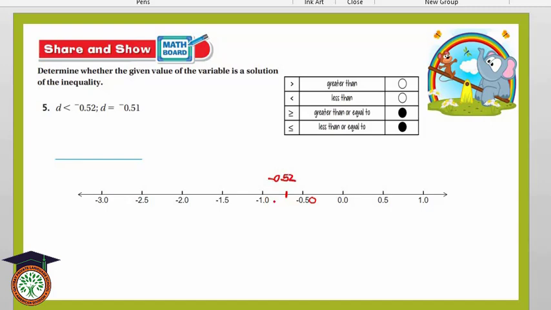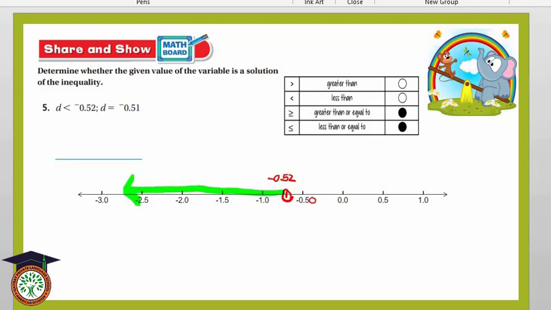Okay, this is negative 0.52. So I'm going to draw a circle around this number here. Is it open or closed? Since I don't have or equal to, it's open. Then I am going to shade a part of the number line. Which part? It says that D is less than, so you're going to shade to the left. Remember, left means less.